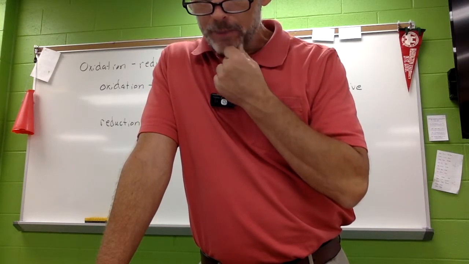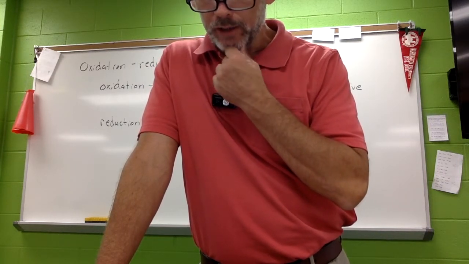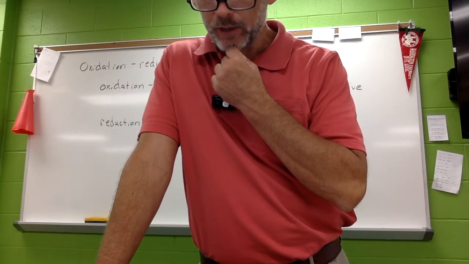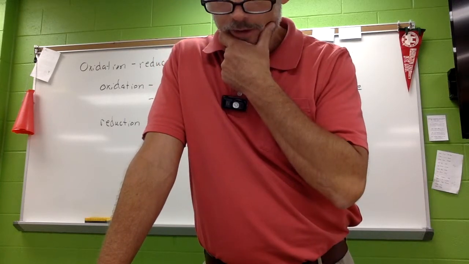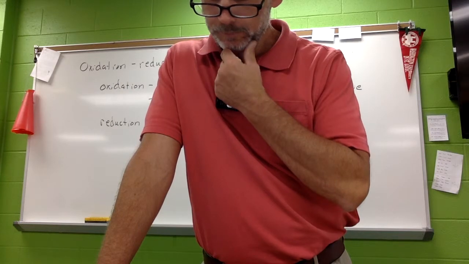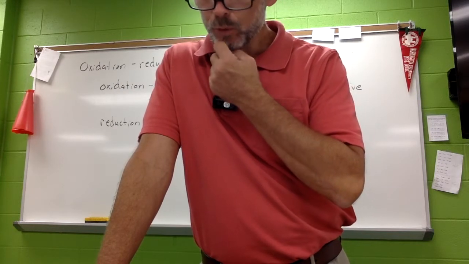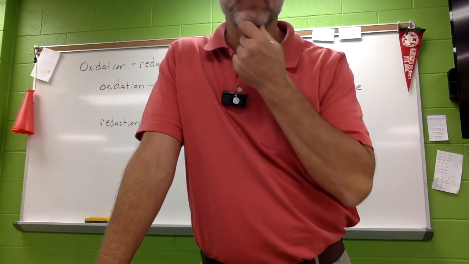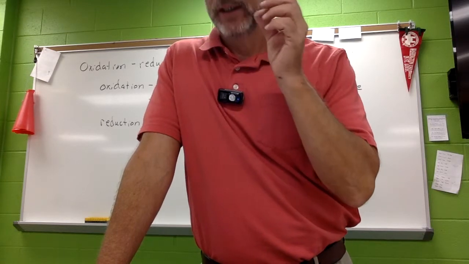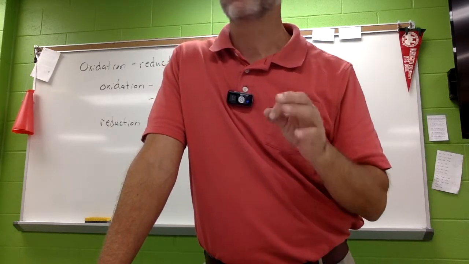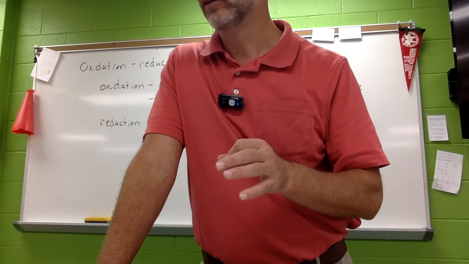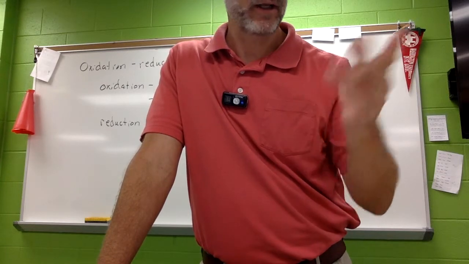Number 5, in their compounds, non-metals are assigned oxidation states according to the table, which is immediately to the right there. Fluorine is always -1 in a compound. What is the one exception to that? I'll let you guys think about that.